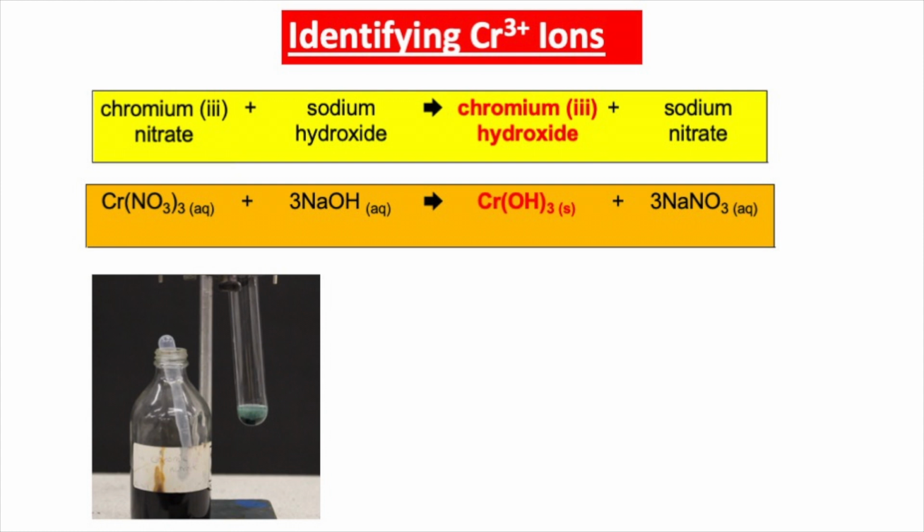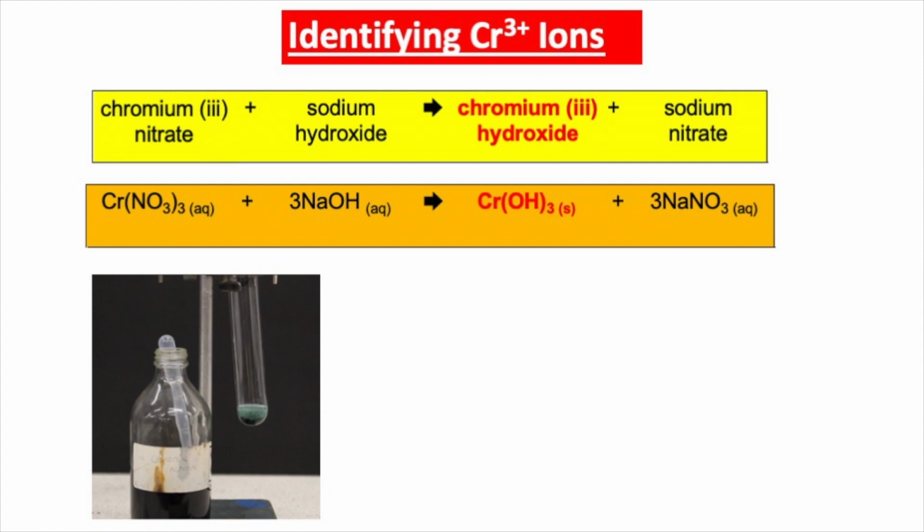Now, the chemical equation for this reaction is Cr(NO3)3 plus 3 NaOH goes to Cr(OH)3 plus 3 NaNO3. Now, it's also helpful to include state symbols.